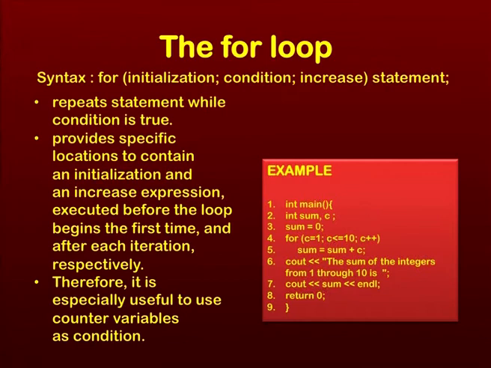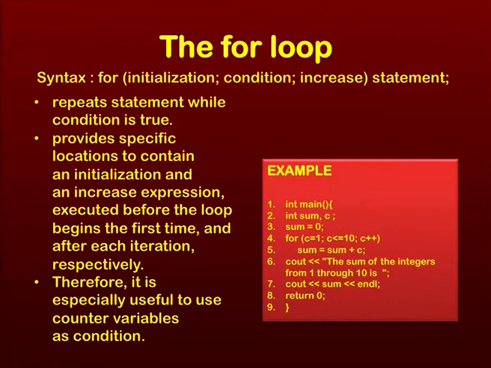If it is true, then only it is going to execute the loop. If it is not true, then it is going to come out of the loop. From the very first time, that cannot happen because we have initialized c is equal to 1. Had it been c is equal to 20 and the condition the same, c less than or equal to 10, the condition is not true at the very first time, and then the loop will not be executed at all.